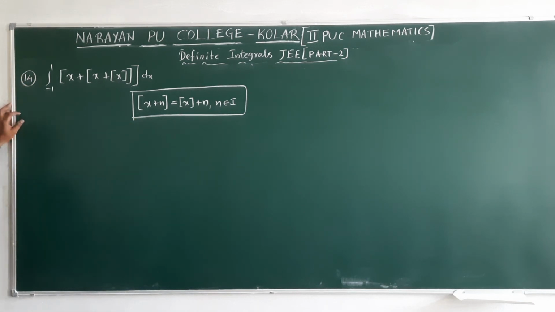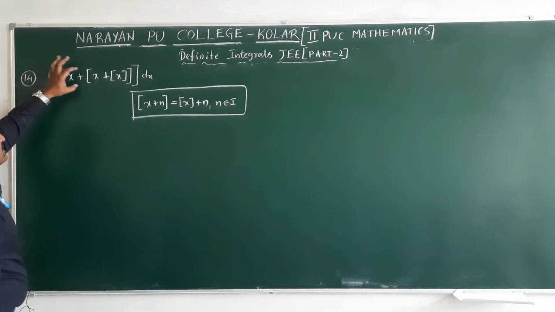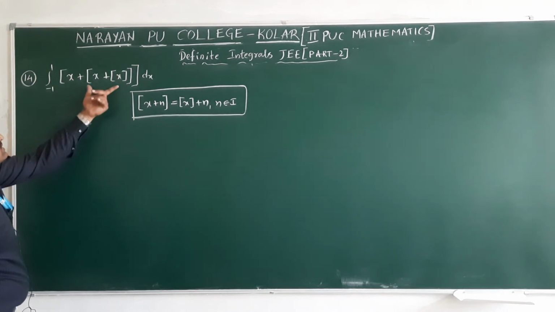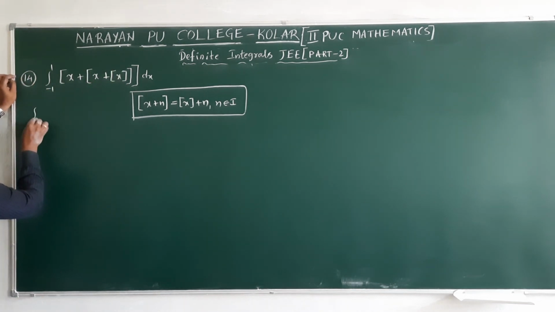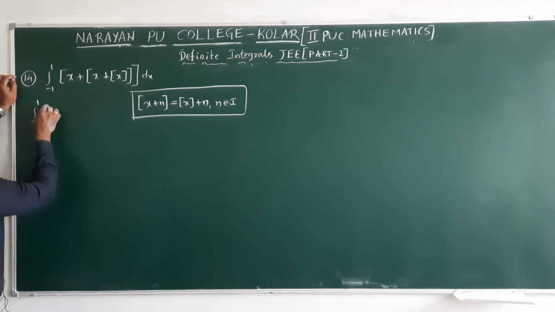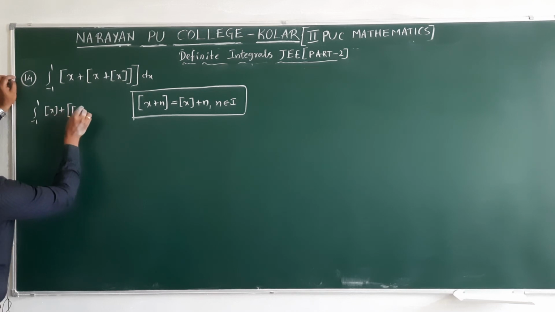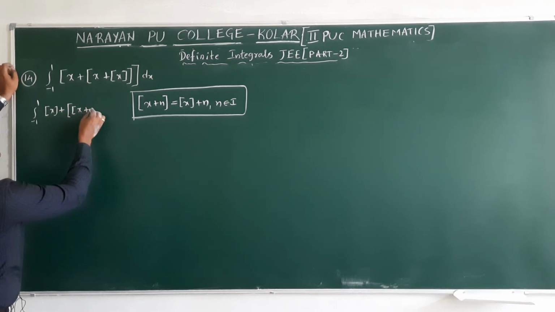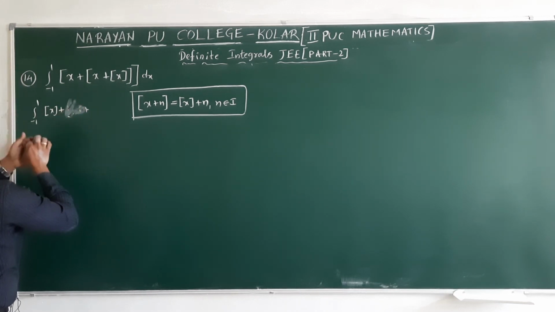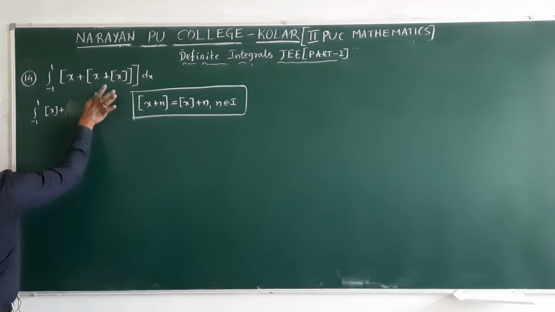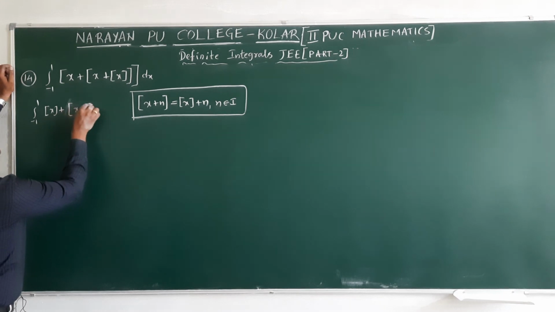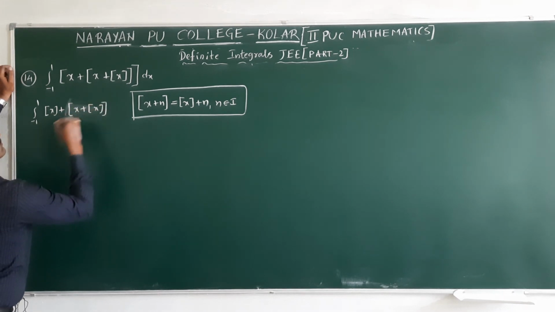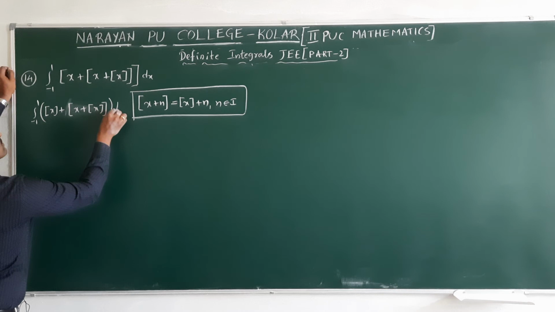As for that, if we take step x as n, because step of value always gives an integer. Minus 1 to 1, this will become step x plus step of x, or we will take only n, which means step of x plus step x into dx.